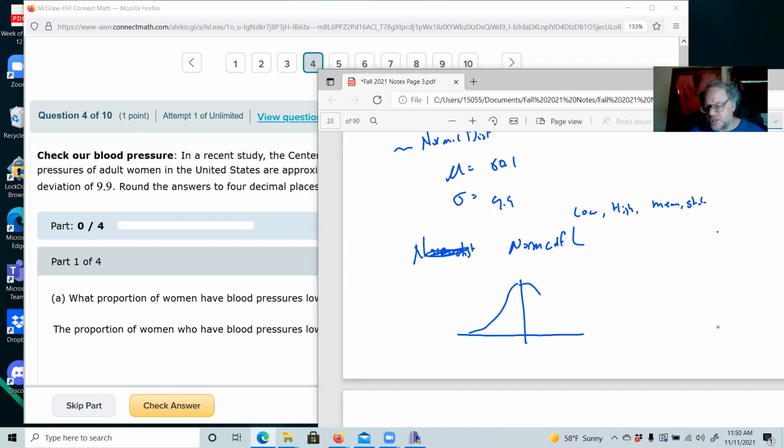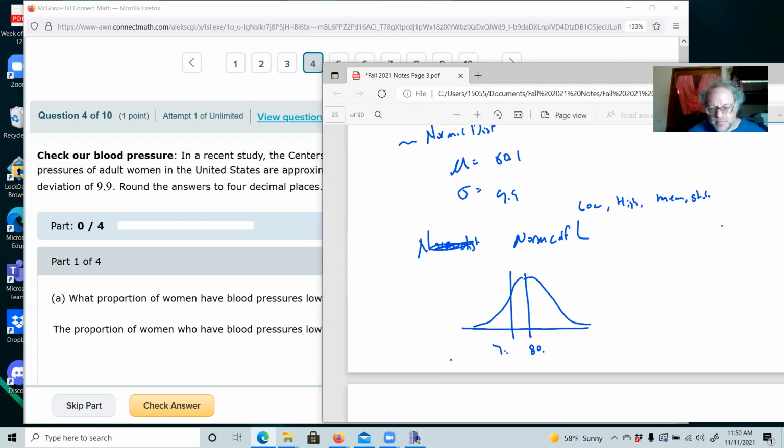Okay, here's our normal distribution, approximately. The mean is 80.1, and this is going to be 71. We're looking for all of this, lower than this part.